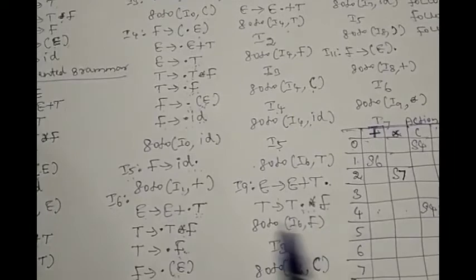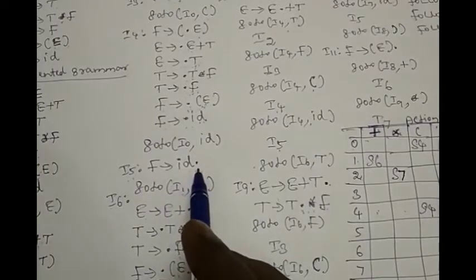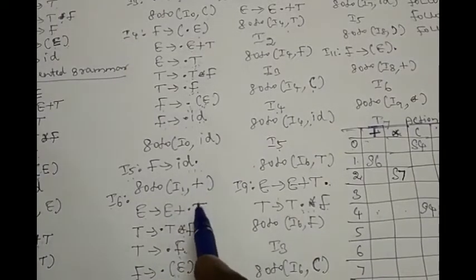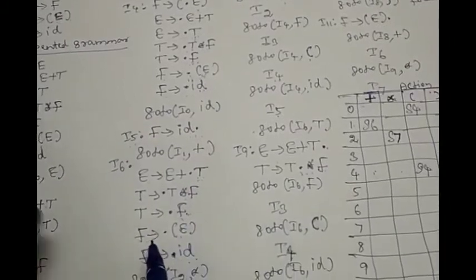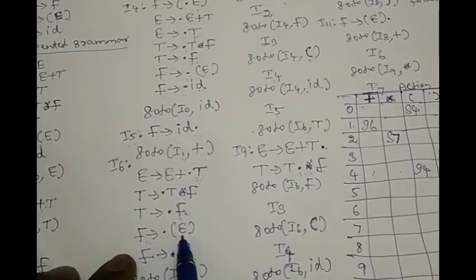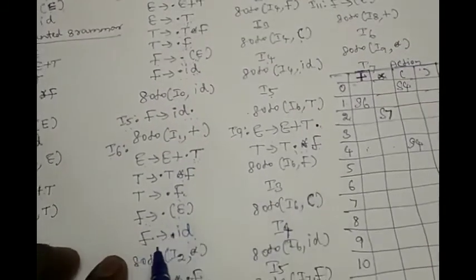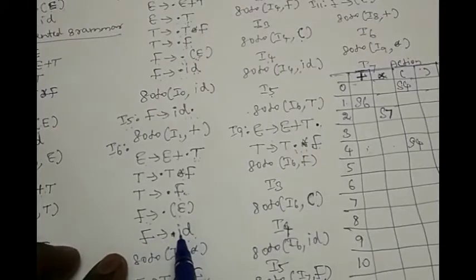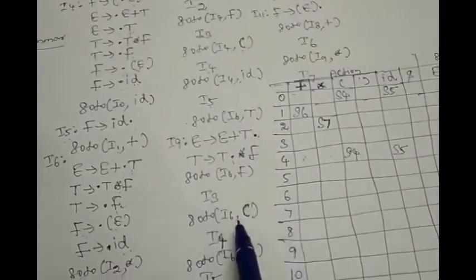Come to I5. In I5 you cannot find anything, no dot before a terminal. When you come to I6, you can see a dot before a terminal, open brackets, and a dot before ID. ID is also a terminal here. So you have to see I6 of open brackets, I6 of ID. I6 of open brackets goes to I4, and I6 of ID goes to I5.